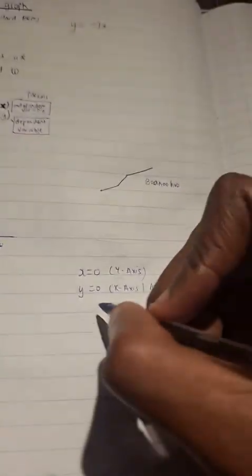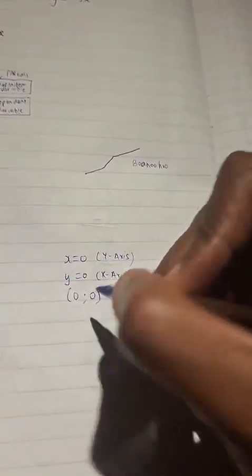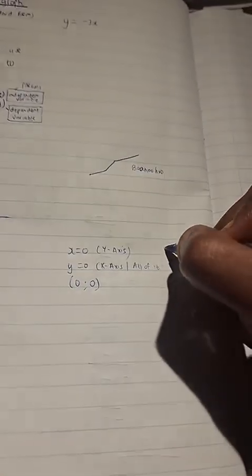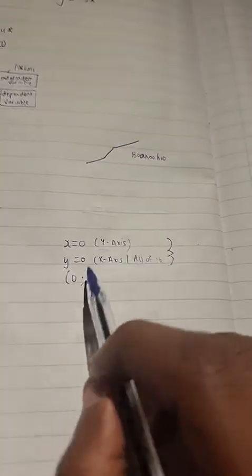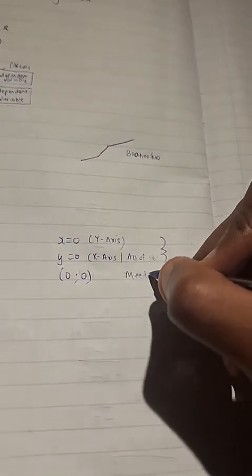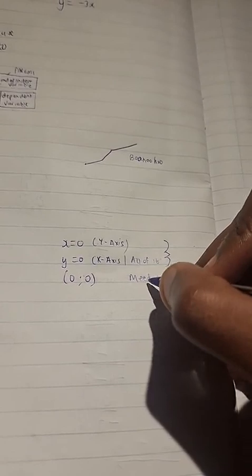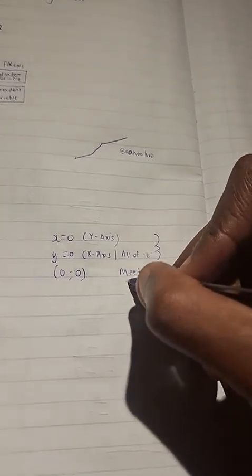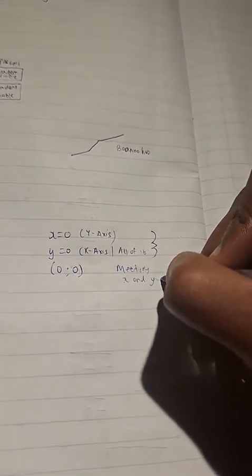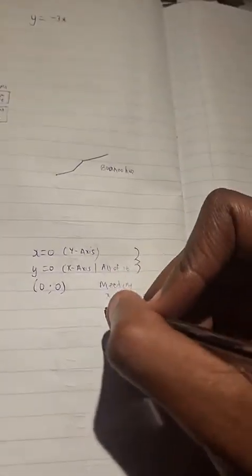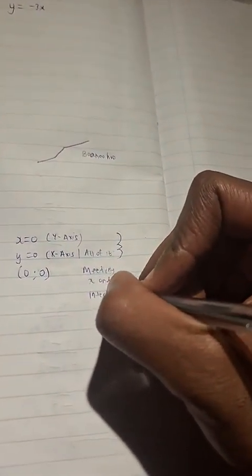Okay? But then when you talk about 0 and 0, you are talking about where these two meet, the meeting of the x and y axis. Now you have to ask yourself, where do both of these meet? In other words, where do they intersect?